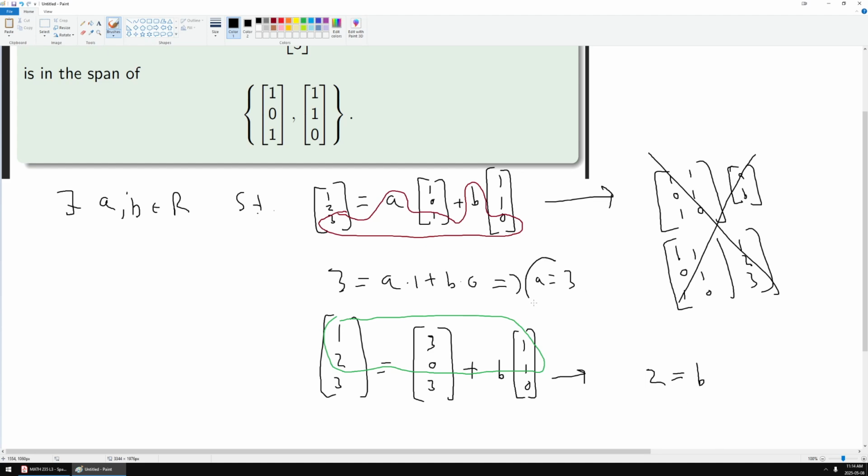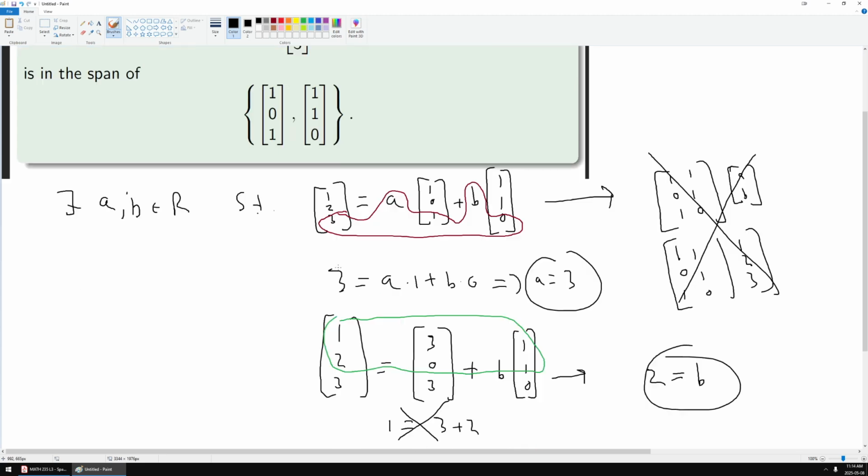Okay, so I know A is 3, I know B is 2, and if I look at the first equation, that would read 1 is equal to 3 plus 2. And that's clearly not true. Not even for small values of 5 is that true.